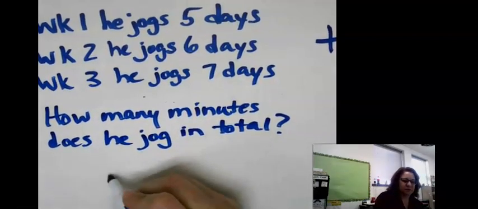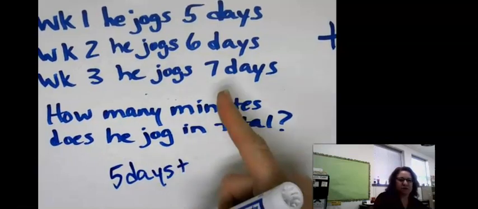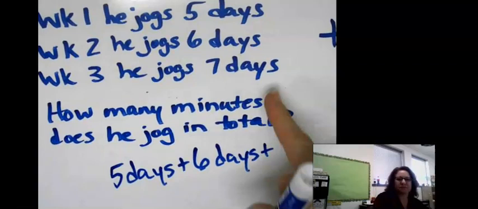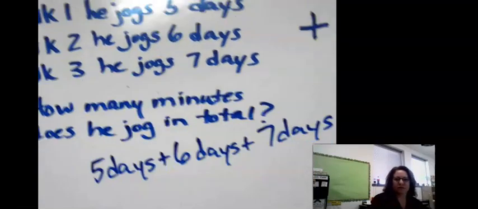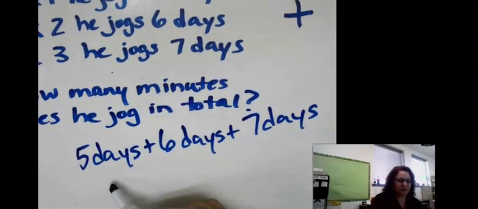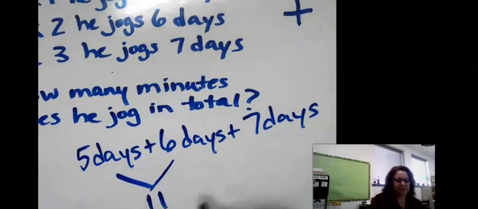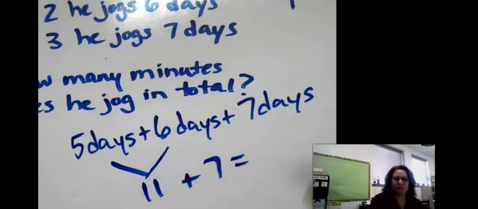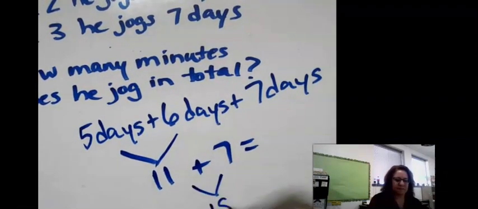So we have 5 days plus 6 days plus 7 days. We need this total number of days, okay? Well, 5 plus 6 is 11. 11 plus 7 equals 18.